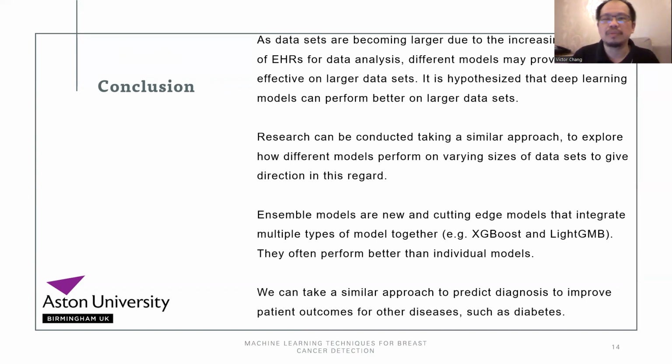We also have to consider developing deep learning models together with the existing models, so we can perform better on larger data sets.